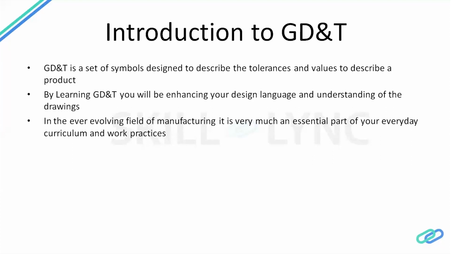As you know, manufacturing is an ever evolving field, and any item which you use every day goes through a manufacturing process. Anything which is getting manufactured would of course use a GD&T symbol or something related to that.